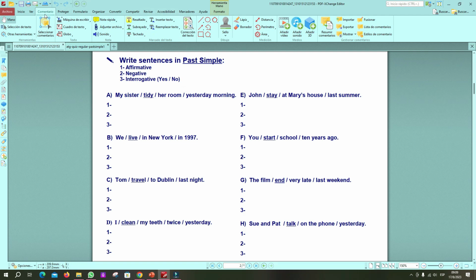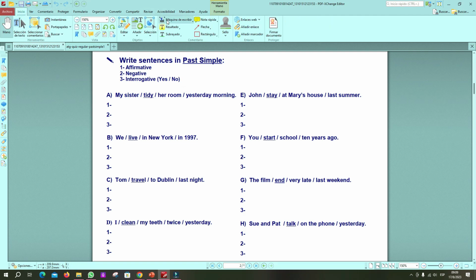Here you have the first one. My sister tidied her room yesterday morning. Here you have the sentence, but not in this order, and you have here the verb in the base form.